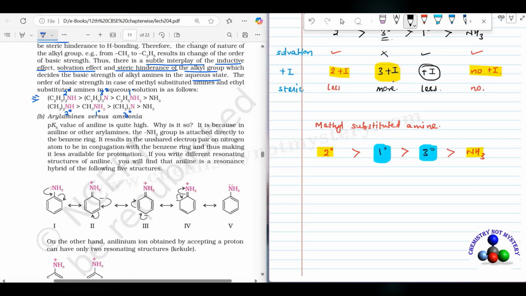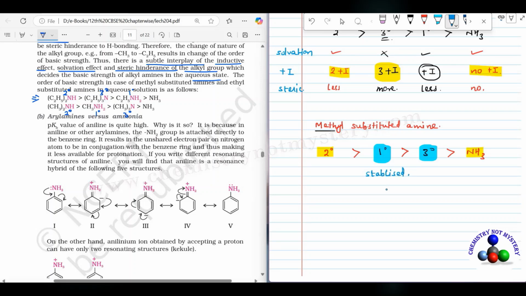In case of ethyl substituted amine, tertiary amine is more basic as compared to primary amine, while in case of methyl substituted amine, primary amine is more basic as compared to tertiary amine. So let's try to understand why there is a change in the order of primary and tertiary amine in case of methyl substituted amine. In case of methyl substituted amine, primary amine is more stabilized. It is stabilized by solvation.